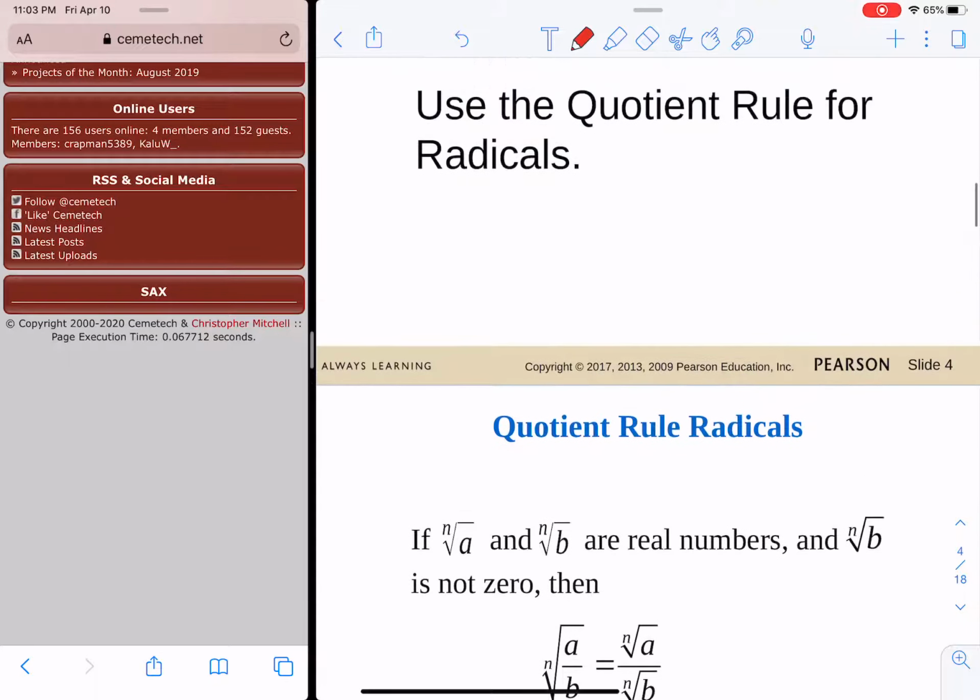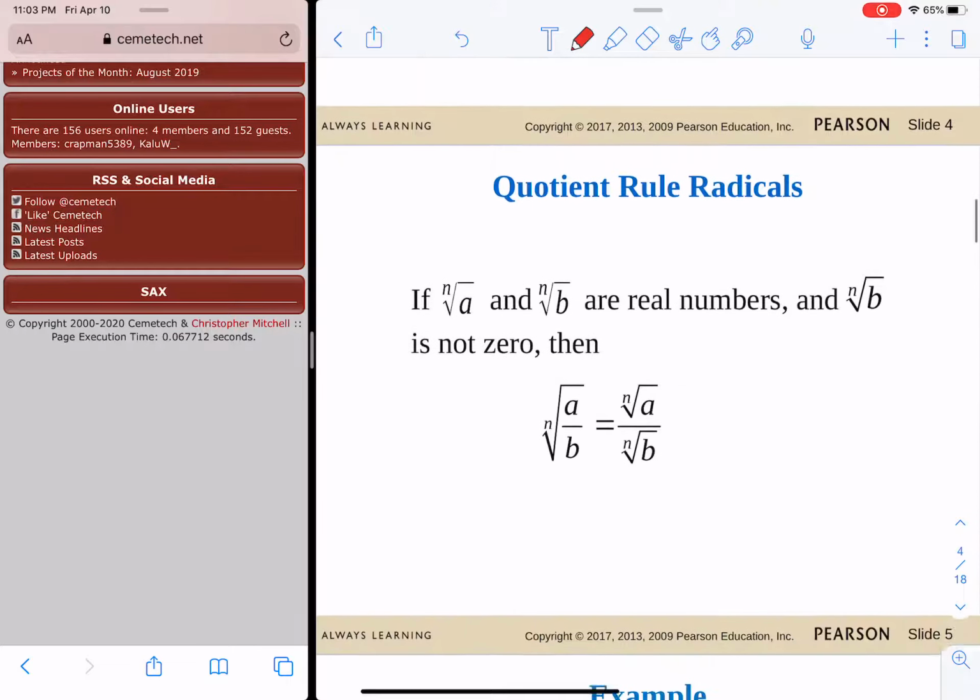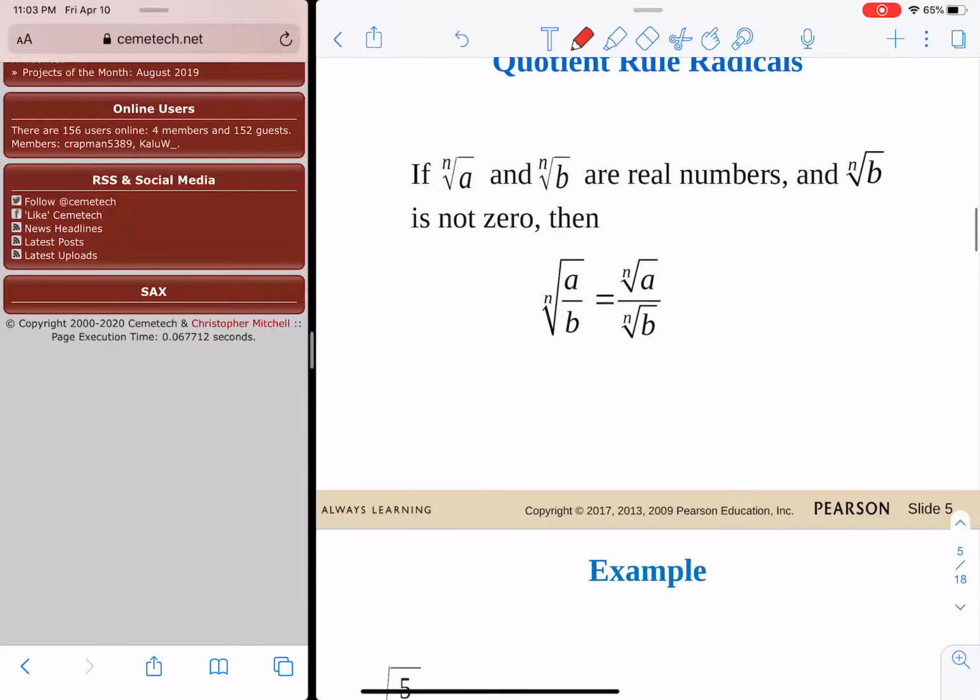Just like the product rule, we have the quotient rule. The idea is the same.